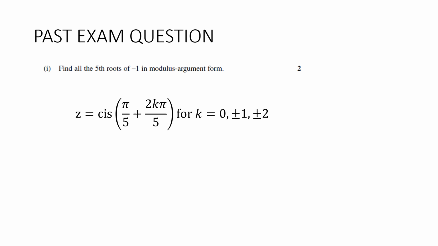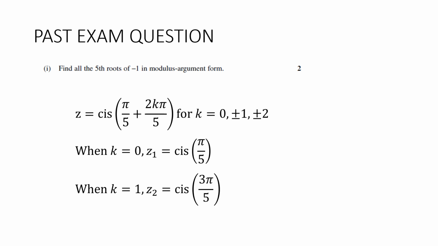Let's substitute in k is equal to 0. Our first root is going to be cis pi on 5. When we substitute in k equals 1, we get our second root is cis 3 pi on 5. Substituting in k equals negative 1, our third root will be cis of negative pi on 5.